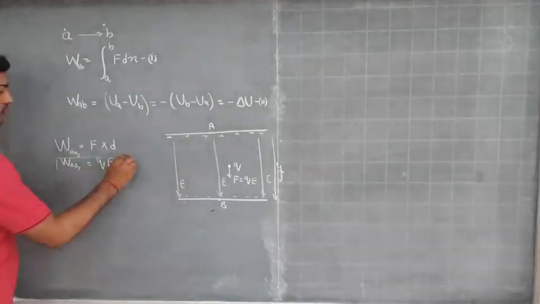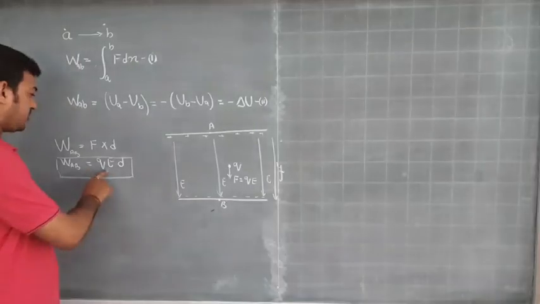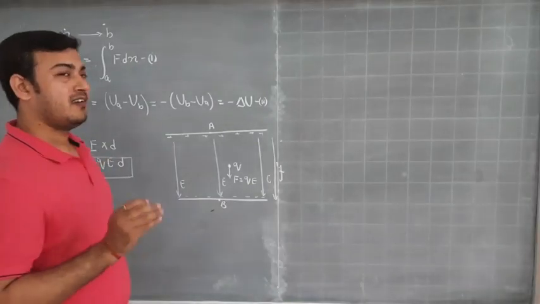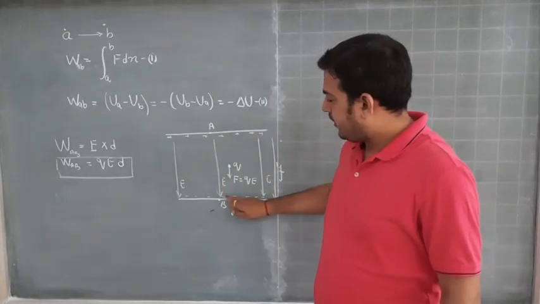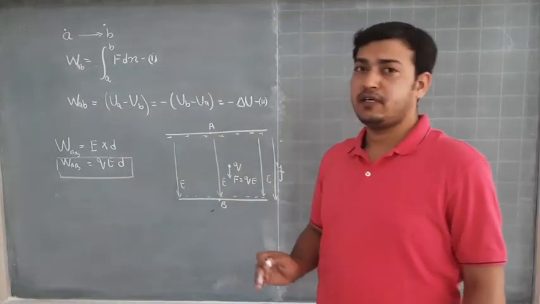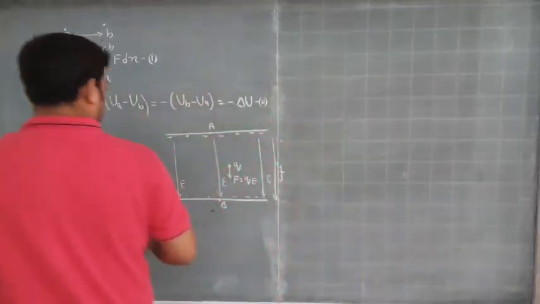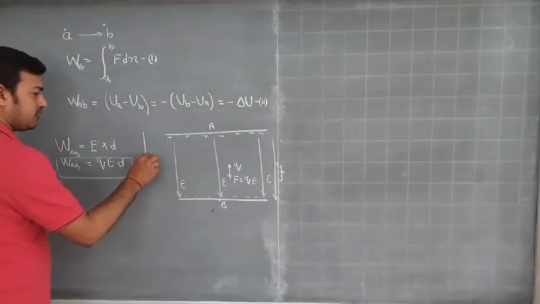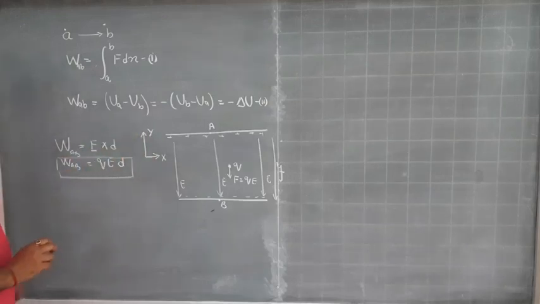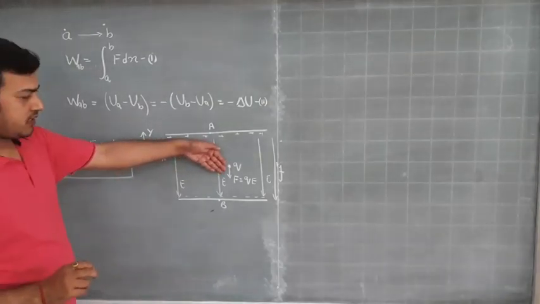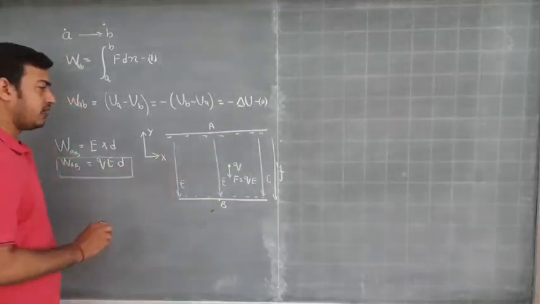As I told you, my electric field is uniform, so this force must remain constant during the motion of the charge from point A to point B. It means that the force is not varying. Now, if I take this example in component form, this is my x component, this is my y component, and the force is acting in the direction of the electric field as I have taken a positive charge over here.